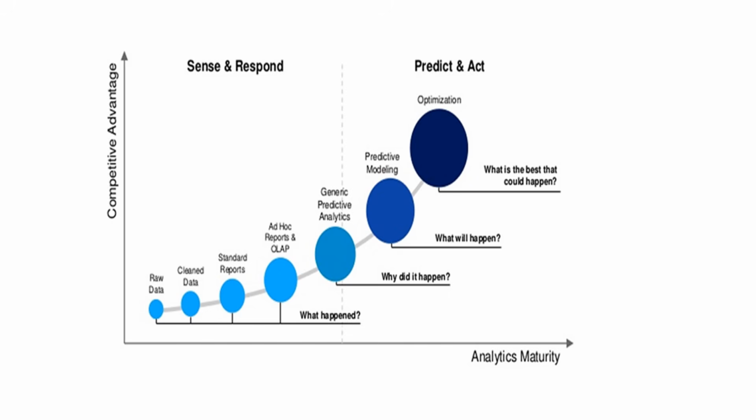So we learn about what happened, like in the first stage. So what is the structure, unstructured, and we are just storing, collection. All steps are under the first step. So now, why did it happen? Like in the second stage, it is actually predictive analytics.